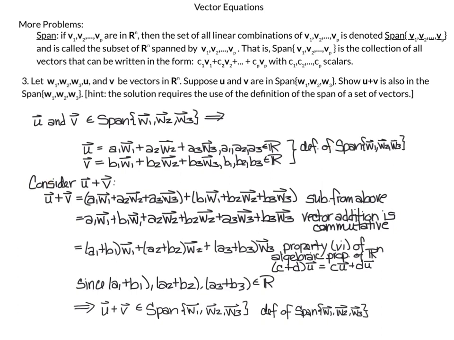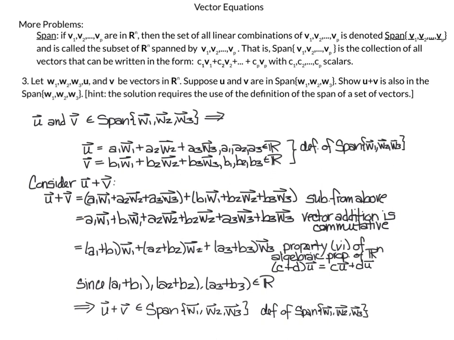So now I'm going to consider U plus V. I wrote U as a linear combination of W1, W2, W3, and V as a linear combination of W1, W2, W3. I just substituted that from above because, again, U and V are in the span of W1, W2, W3.